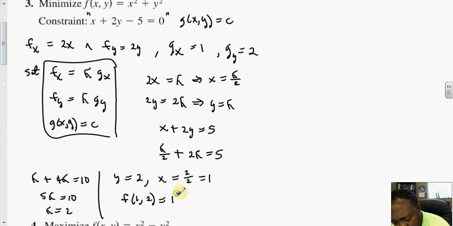So this is 1 squared plus 2 squared, so we get 5. So here, the minimum is at the point x is 1, y is 2, and then z is equal to 5.